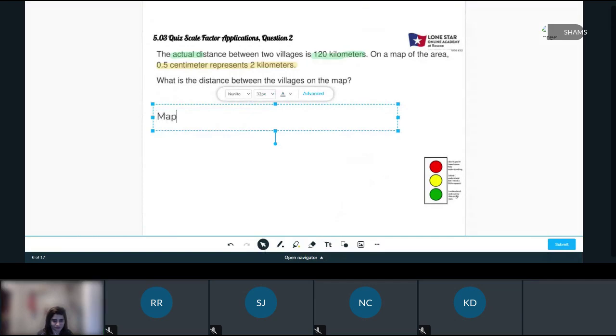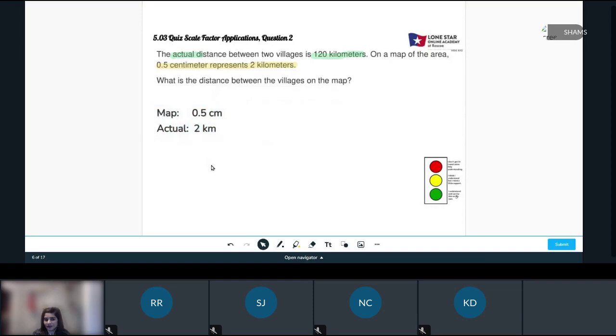So the map says 0.5 centimeters represent an actual distance of 2 kilometers. This is what the question told you: the map represents 0.5 centimeters to represent 2 kilometers in real.